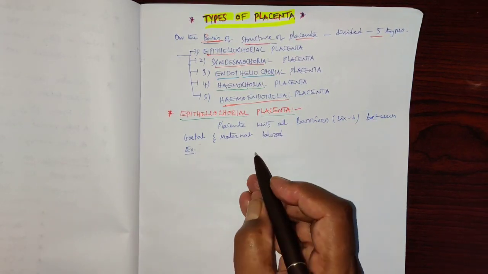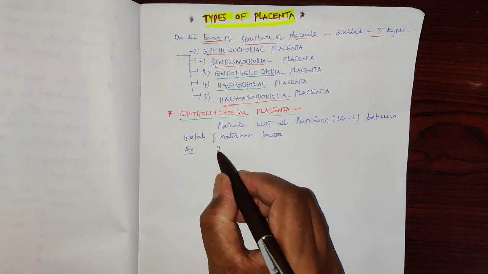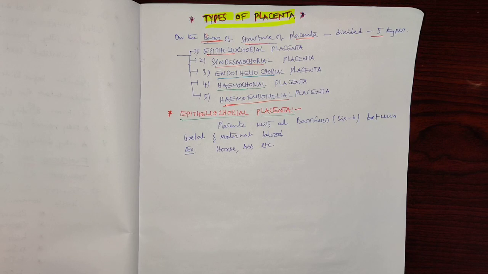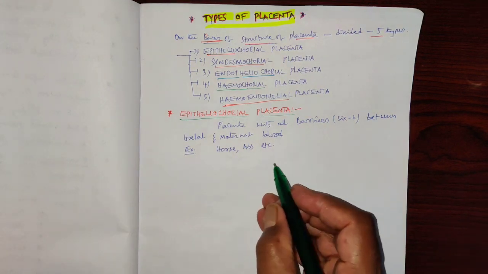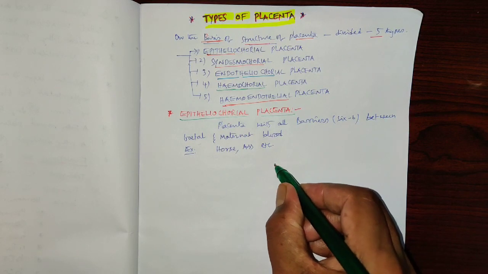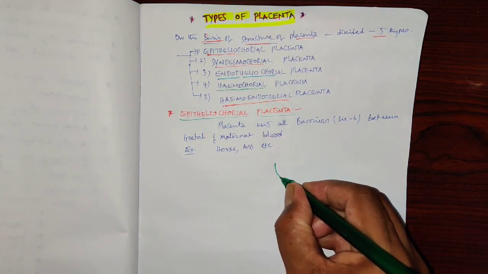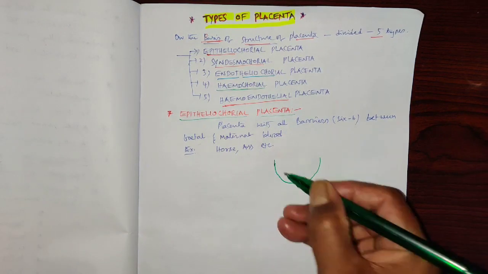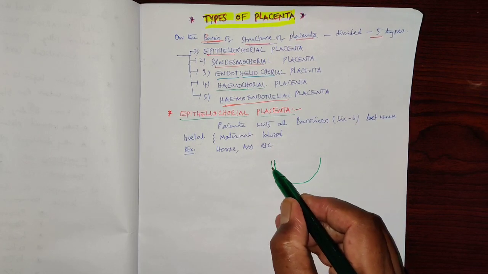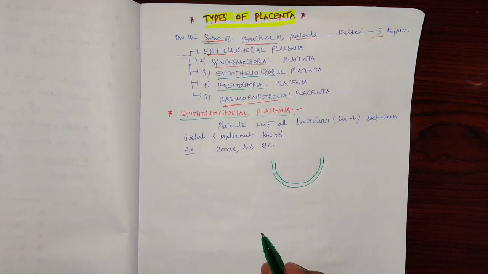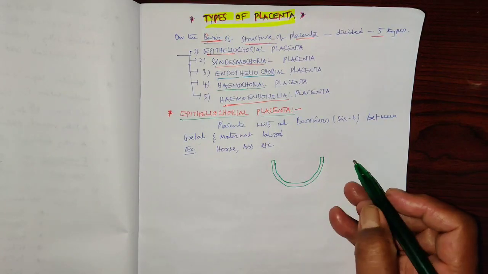Examples for this type of placenta are horse, ass, etc. Now let's see the diagrammatic representation. Epitheliochorial placenta contains 6 barriers, means 6 layers.